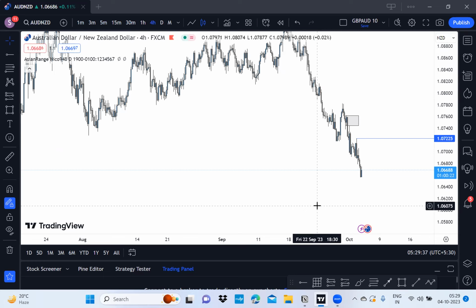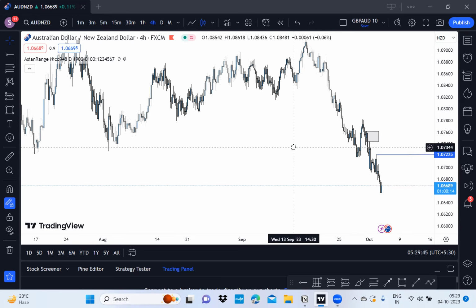See guys, this system is a continuation trading system. Whichever pair you see that there is continuation happening at the Asian range timing, let's say in the morning, according to Indian standard time, whenever in the morning after 11 a.m., whichever pair has done the retracement and now started doing the continuation, it means both time frame trends are in your favor after retracement.